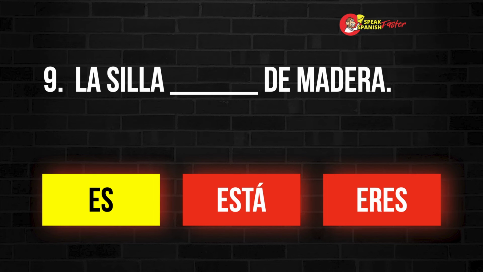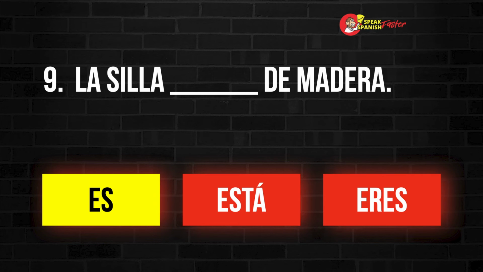All right, let's go to the next one. La silla es de madera. So we use es here because when you refer to something being made of something, so here the chair is made of wood, that's a characteristic of the chair. So we use the verb ser to characterize the chair being made of wood.